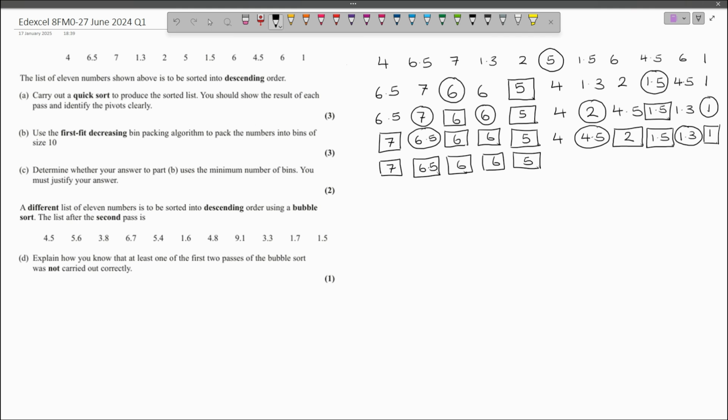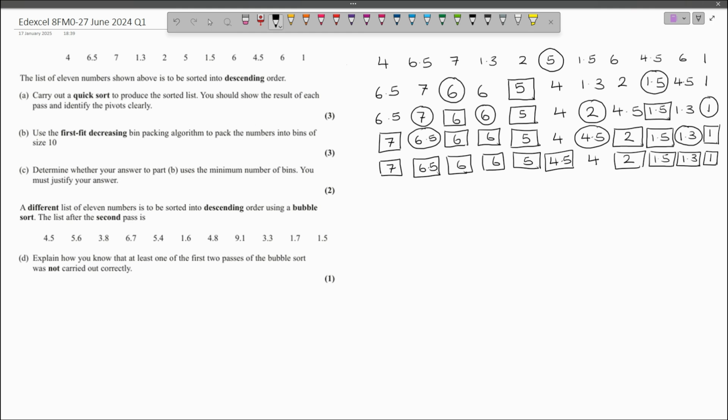So 4 is smaller than 4.5, so it's going to go to the right hand side of 4.5. 1.3 gets its own box, and we've completed that pass. Last but not least, 4 is the only number that's not been circled or boxed yet.